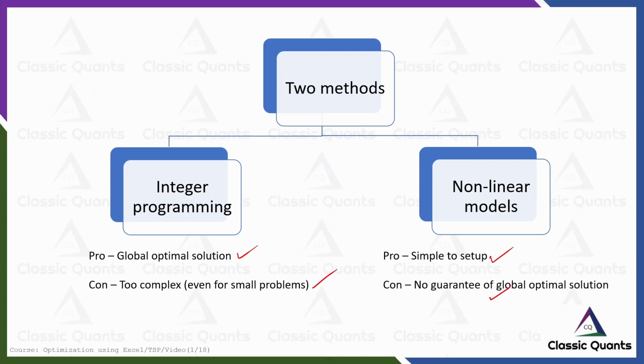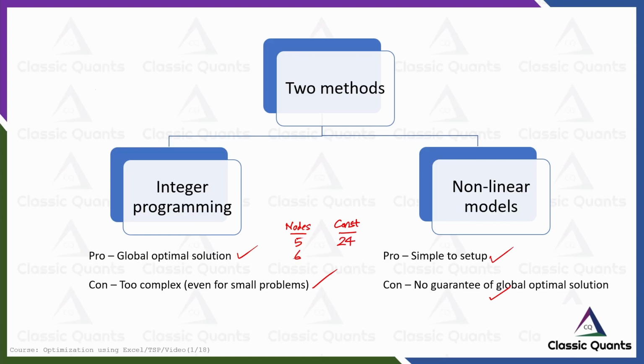If you just monitor the number of nodes and the number of constraints, in this particular problem you just had 5 nodes, and you landed up with 24 constraints.